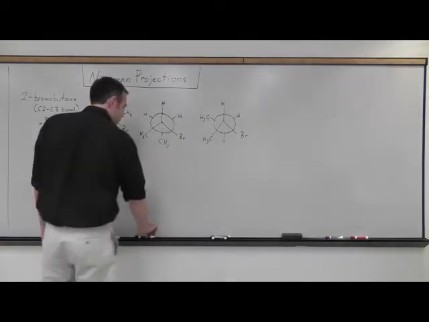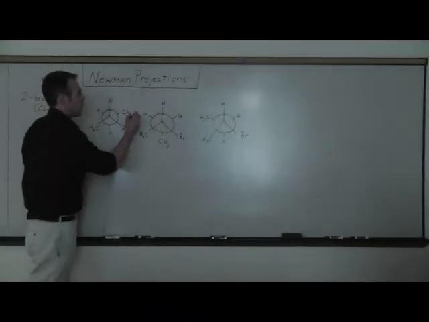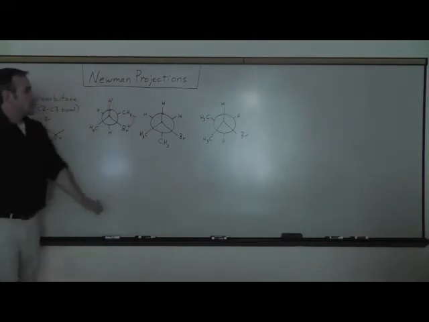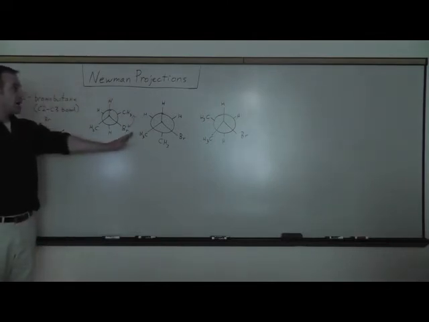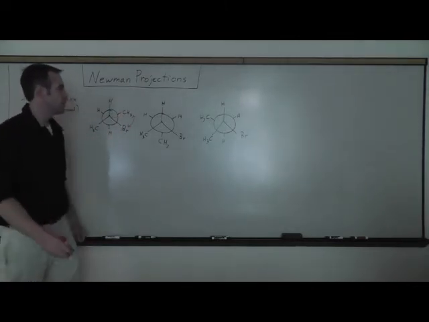So a methyl group's bigger than a bromine, and we want to apply that to thinking about these interactions. Well, in this particular structure, we have one gauche interaction between a methyl group and a bromine, or two larger non-hydrogen groups.